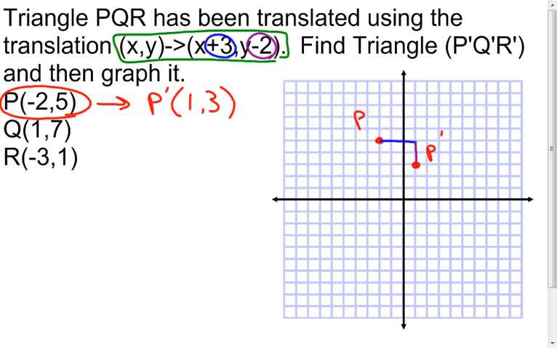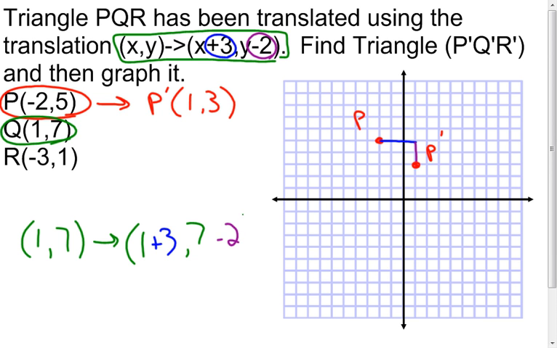Now, the other way we can look at it is we can just use what I have in the green here, and I'm going to go with point Q then, which is at (1, 7). So I'll take my (1, 7), and according to the translation, it tells me that I have to take my x value and add 3 to it, then take my y value and subtract 2 from it.